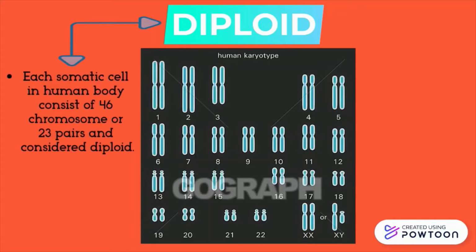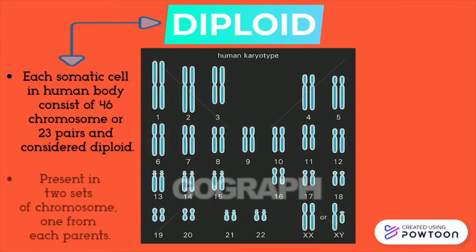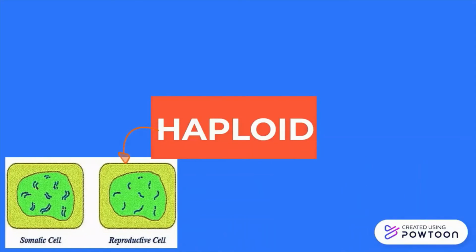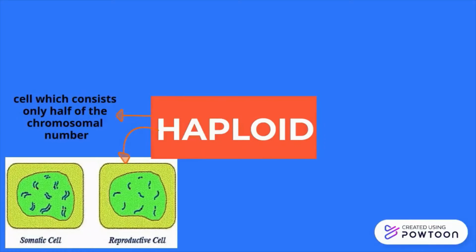Each somatic cell in the human body consists of 46 chromosomes or 23 pairs and is considered diploid. Diploid cells have two sets of chromosomes, one from each parent. Diploid cells are also denoted as 2N. They are the result of mitosis and identical with their parent cell. Haploid cells consist of only half of the chromosomal number.